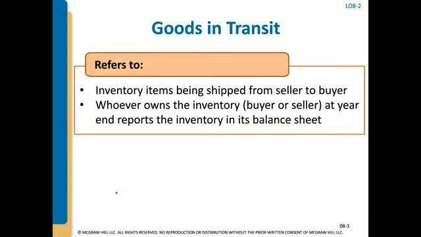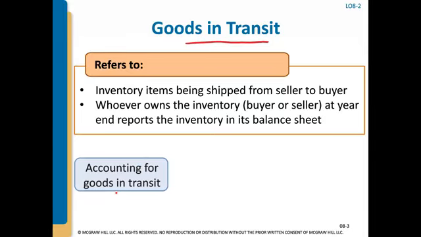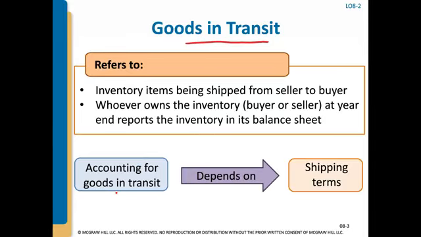Let's talk about goods in transit. So goods in transit are items that are in transit. If I'm a clothing company and my supplier, my vendor, is, let's just say, in Nebraska, and I am in California, and I placed an order, I'm the buyer, right?